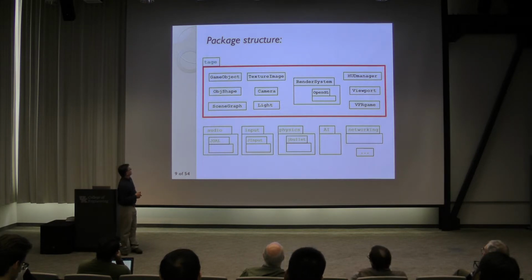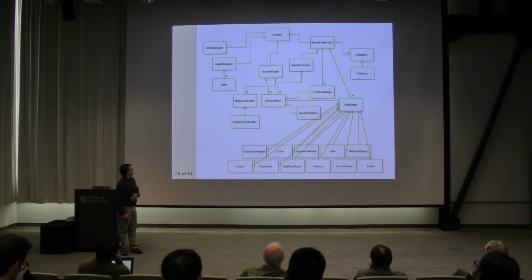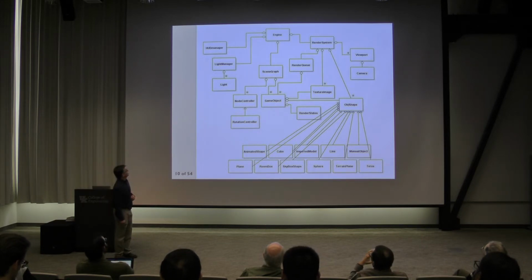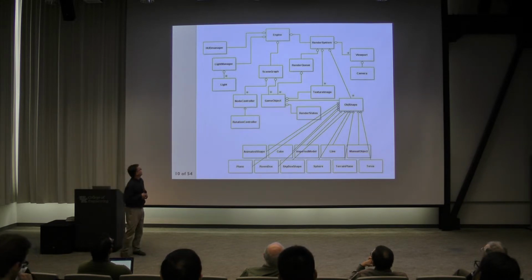All right, so here is a UML diagram of those same components. I don't intend to go through all of this, but a little bit of it. If you're writing a game, you instantiate the engine. The engine has a HUD manager, a light manager, a scene graph, a render system.